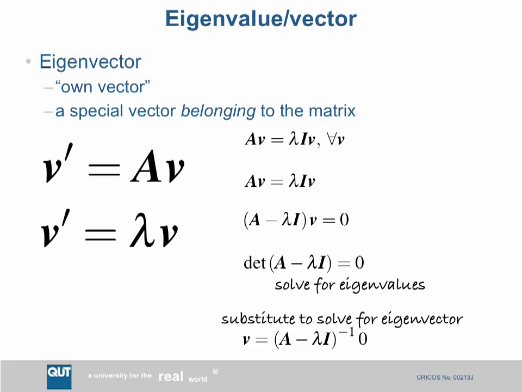Substitute them back in, and then you get the eigenvectors. For every eigenvalue, you do the substitution and you get the eigenvector that corresponds to the eigenvalue.